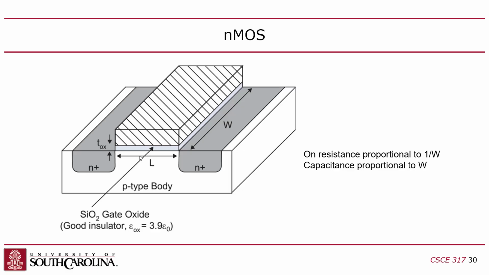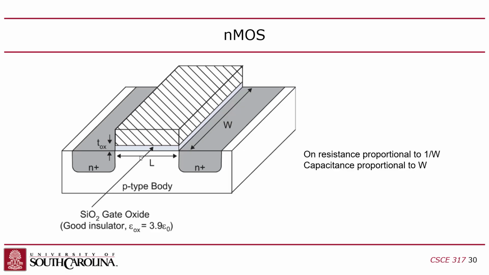Now, remember that in digital systems, the voltage is basically fixed, VDD, right? So if you're getting more current with a fixed voltage, what that really means is your on resistance is lower. Basically, you're lowering the on resistance of the transistor. So when the transistor is on, it can transmit more current from source to drain, right?